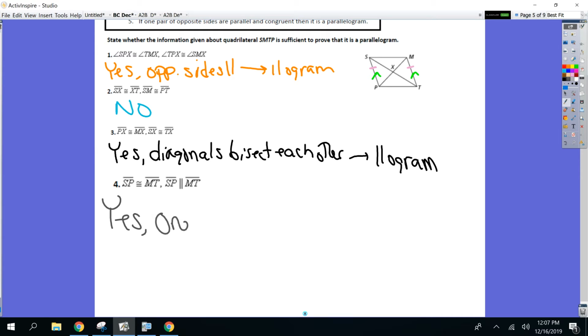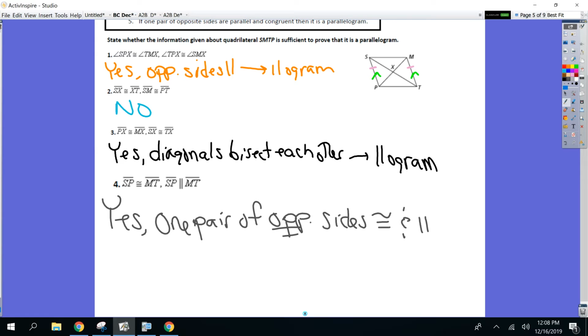One pair of... you have to have the word opposite. Because when you say one pair of sides, it could be any pair. But they have to be opposite. One pair of opposite sides, congruent and parallel. Got to be the same side.